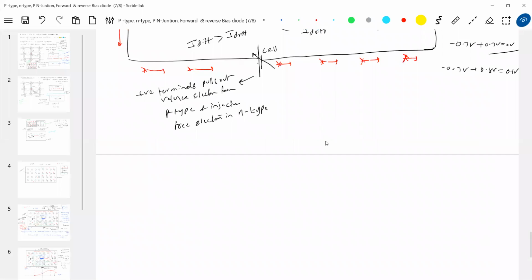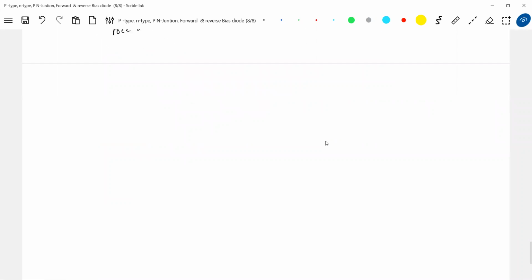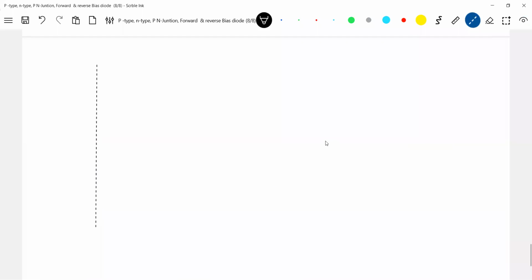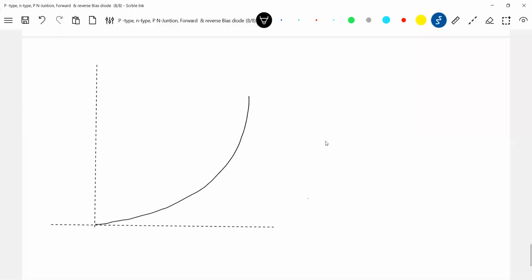So if I plot the graph, the curve will take shape like this. This is the forward current in milliamperes, and this is the forward voltage.